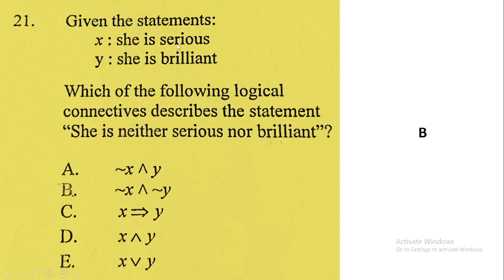If you negate serious, that means she's not serious, and if you negate brilliant, that means she's not brilliant. So that will be the negation of x and the negation of y. That's the statement we have now: she is neither serious nor brilliant. So option B is the correct option in question number 21.